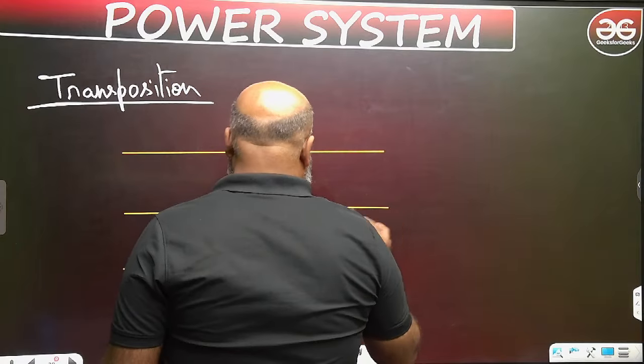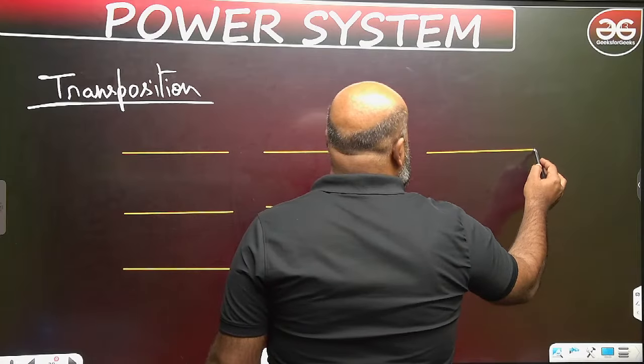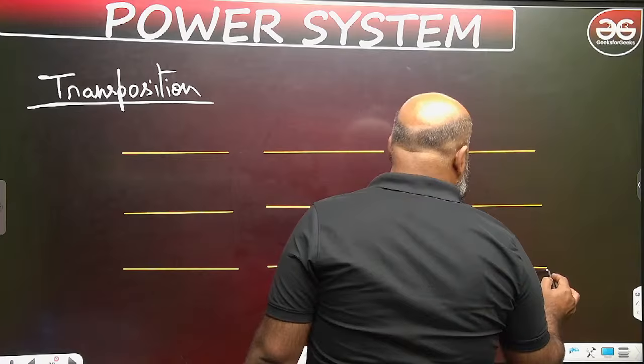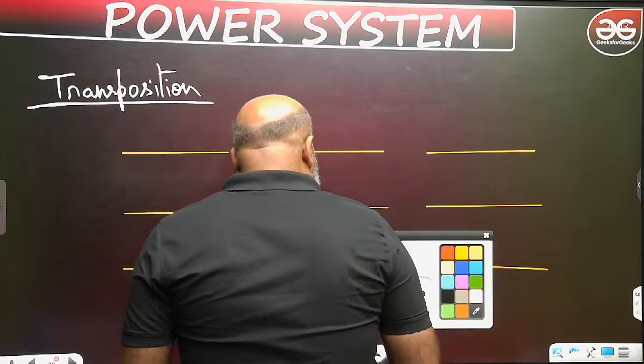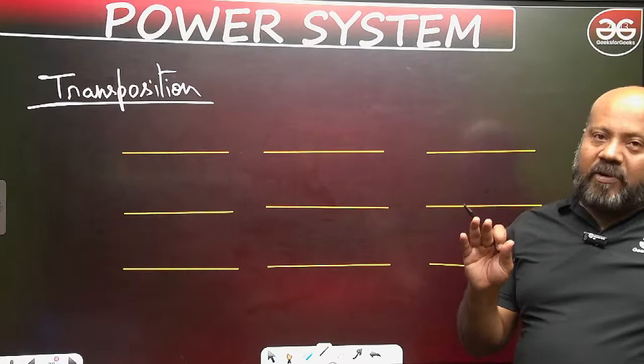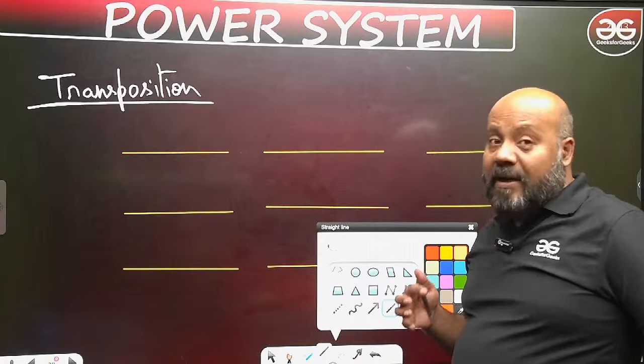After every 1/3 distance of the transmission line, we change the position of the conductors so that each conductor occupies all the positions for equal distances. So the effect of magnetic flux linkage is gone.